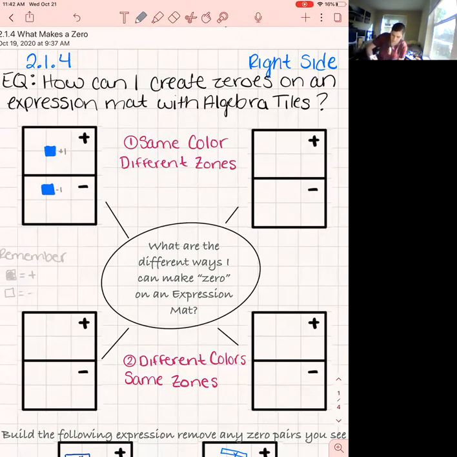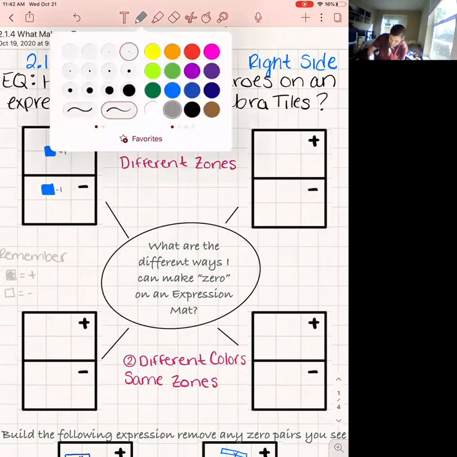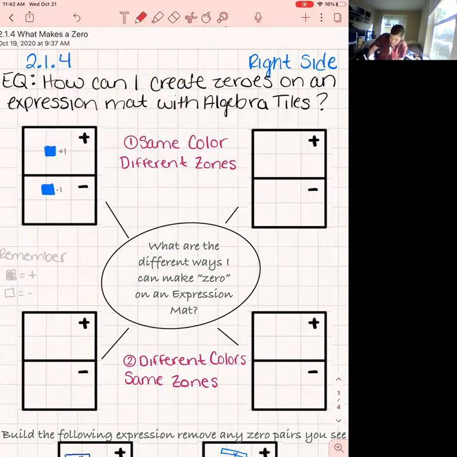I could do the same thing with a negative tile. I could put a negative tile in the positive region, and I could put a negative tile in the opposite of region, and that would mean this means -1, and the opposite of a negative tile is actually a +1.